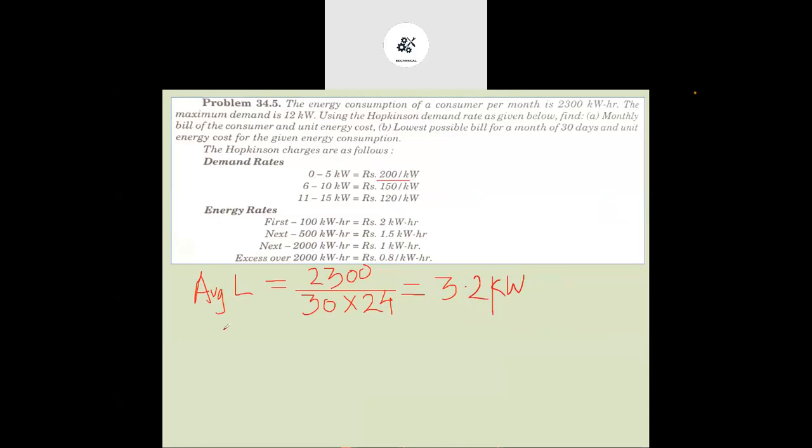That is the maximum average load we can say. Now for the 3.2, we already know the charges will lie between 0 to 5 kilowatts, right? So we have to apply these 200 rupees charges.